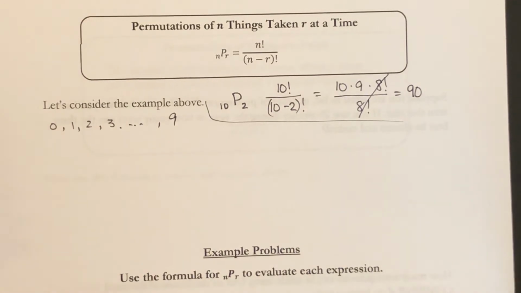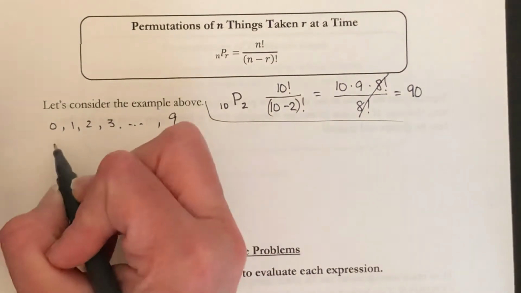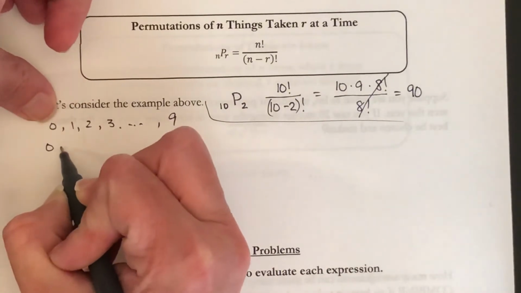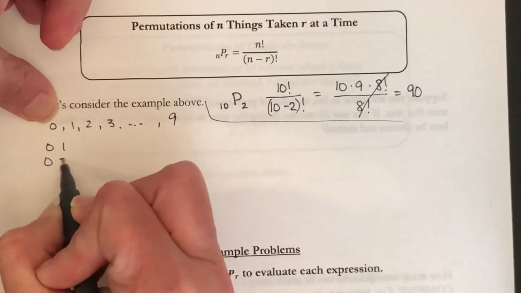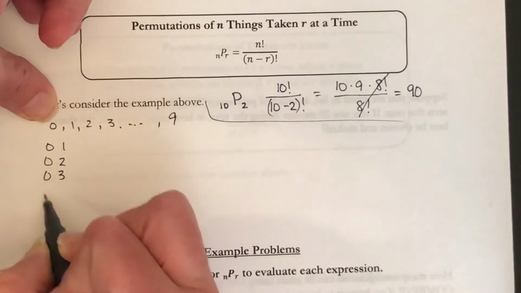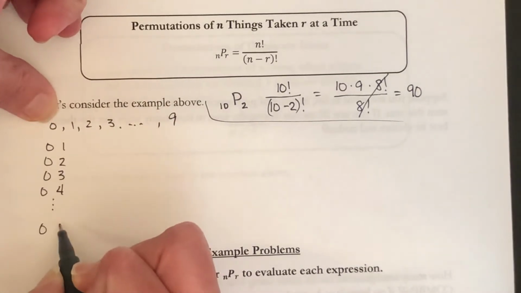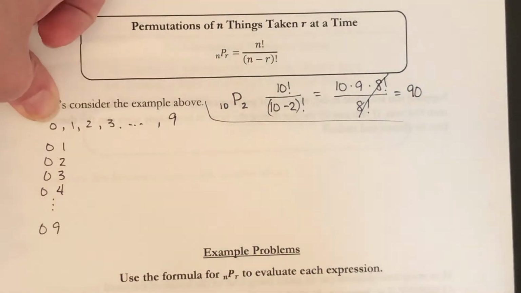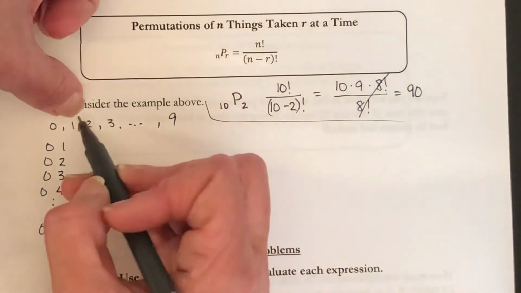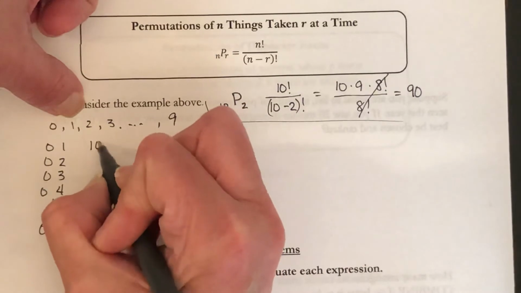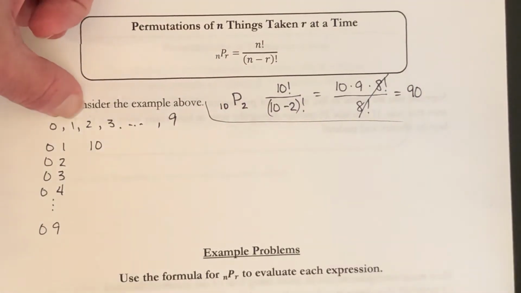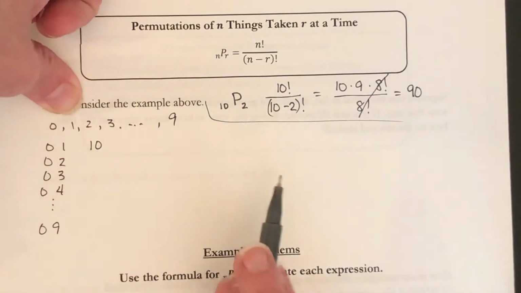Let's just start listing all the different ways we can choose them. Well, I could have 0 and then 1, and then 0 and 2, and 0 and 3, and 0 and 4. And I hope you see some patterns here, 0 and 9. And then you could go to 1 and then 0, because we're looking for a president and a vice president, so it does matter which one is first.